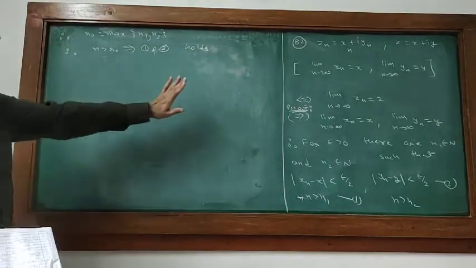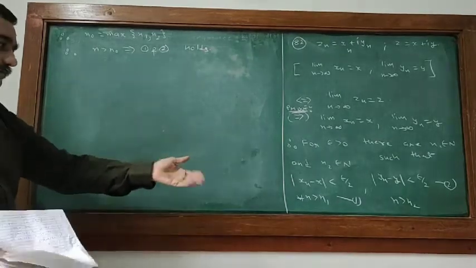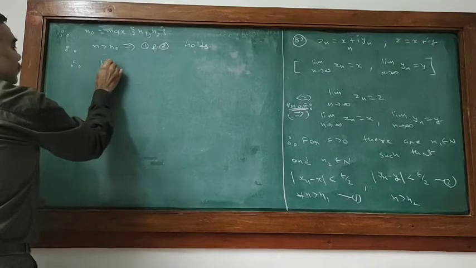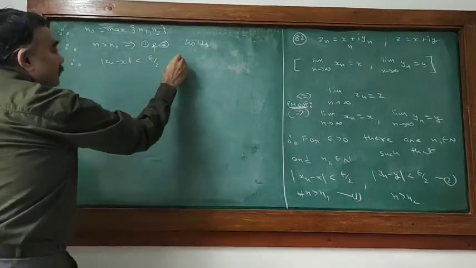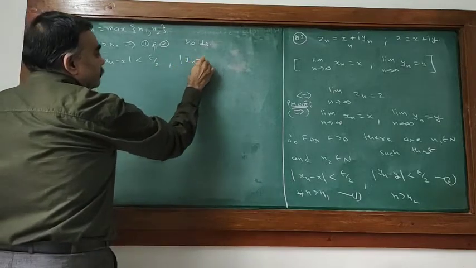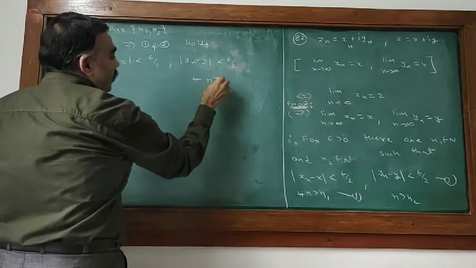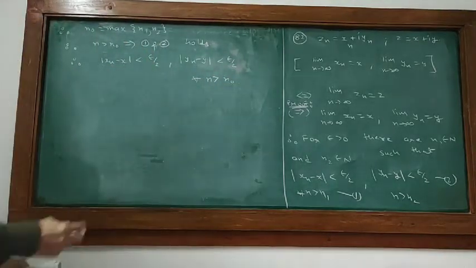Both these hold, which means both these are true. Therefore, |xn - x| is less than epsilon by 2 and |yn - y| is less than epsilon by 2 for all n greater than n0.